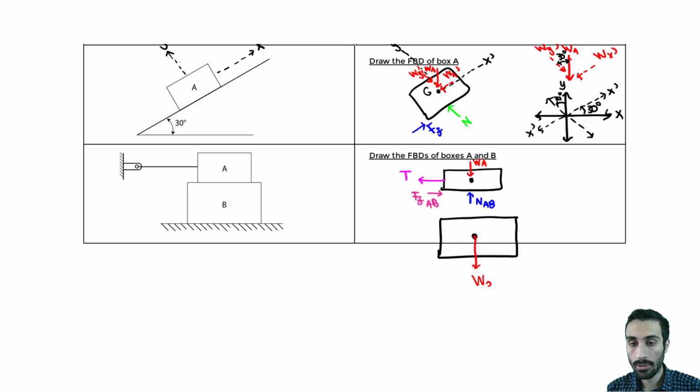Also, we know we have a normal force here, and that normal force hits box A, but it will also induce the same normal force or reaction at this box B. But here you have to remember, in this free body diagram, it goes up. In the next free body diagram, it must do the opposite direction. It must go down. You have to be consistent with that.